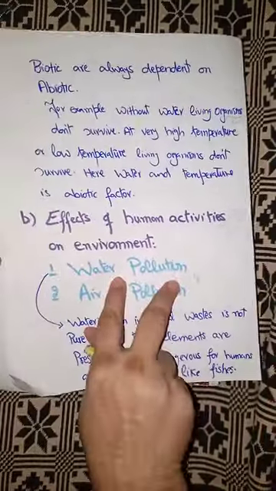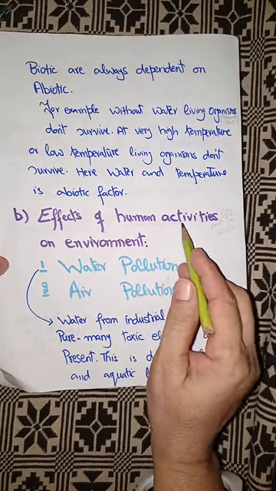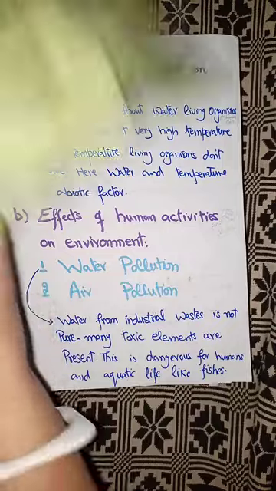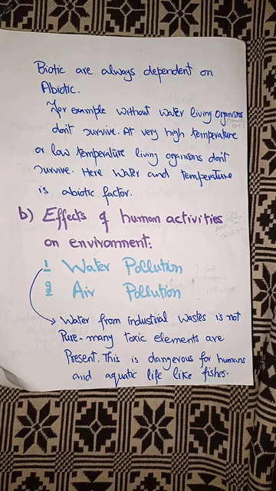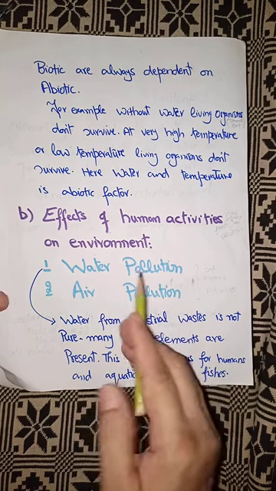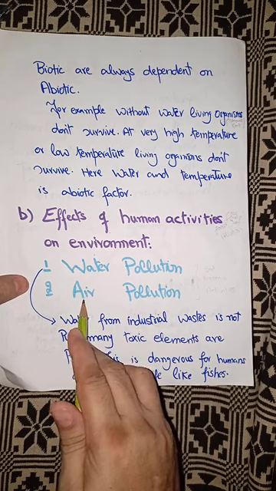Now, what are those effects of human activities on the environment? These are good and bad. The good activity is plantation. The more plantation, the more forest, the more oxygen we get, and the more pollution reduces. The bad effects are water pollution and air pollution.